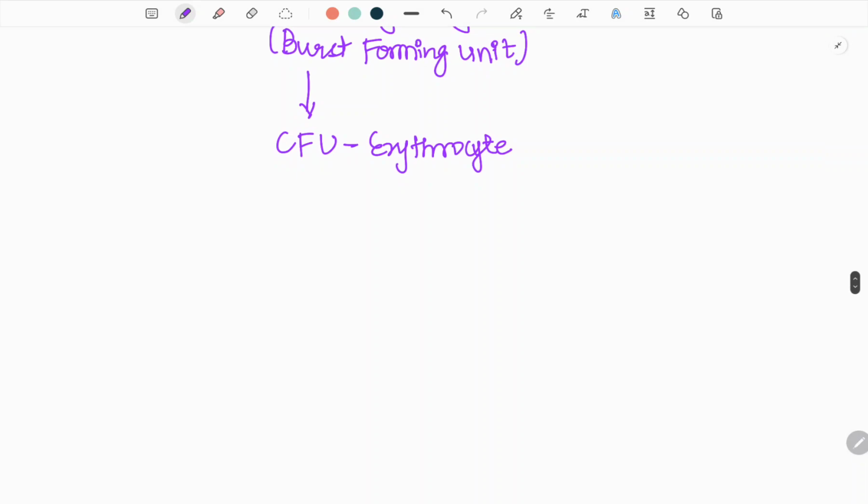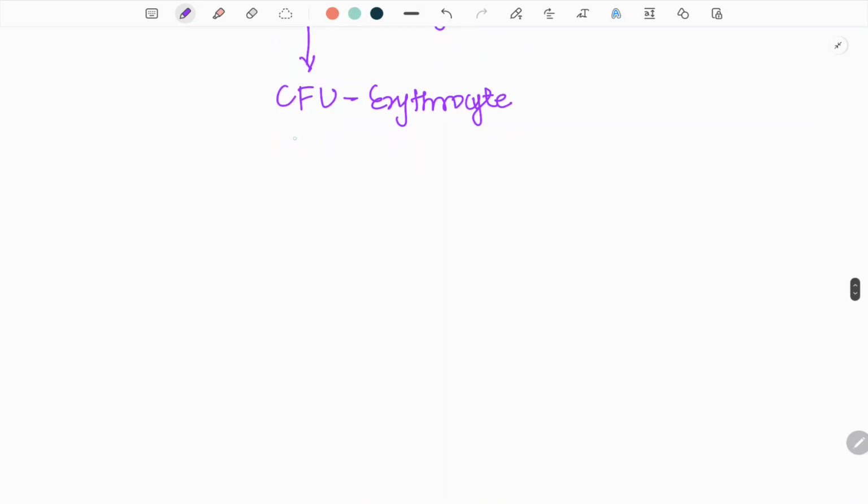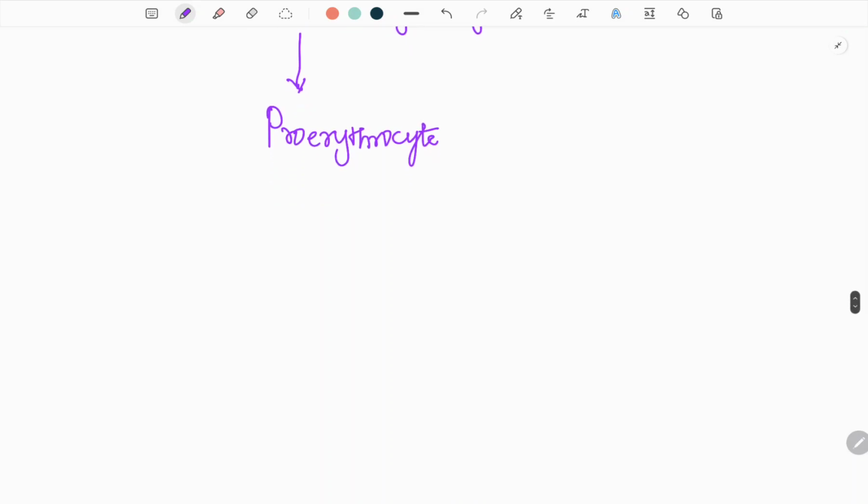Colony forming unit erythrocyte will then mature into proerythrocyte.